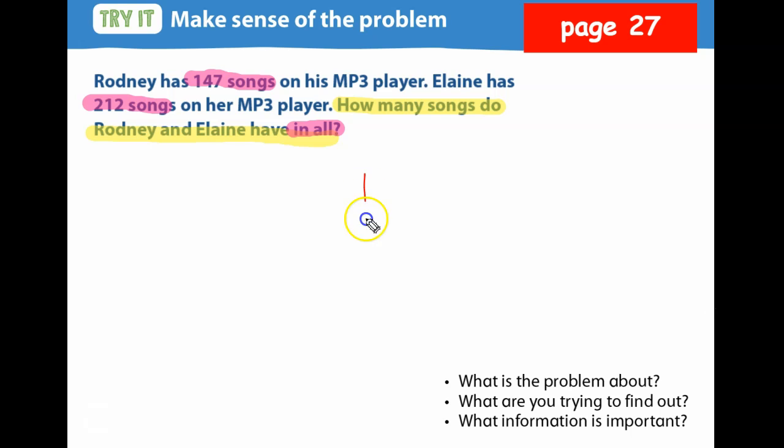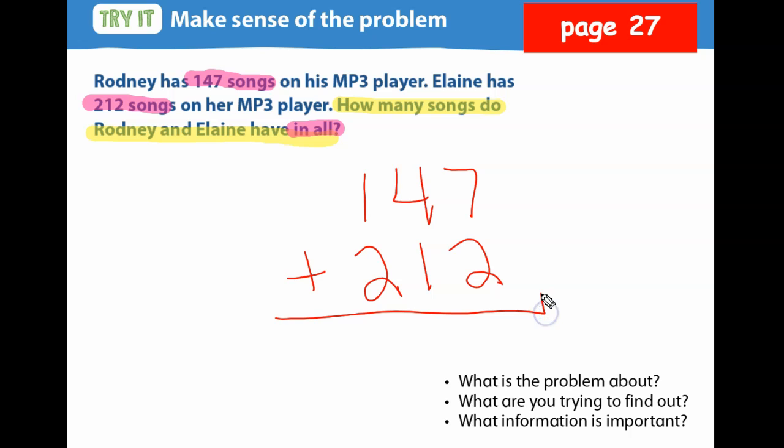I have 147 plus 212. The lady said I have ones, tens, and hundreds. Which place do I start off with? Ones. That's what the video said. So what's 2 plus 7? 9.